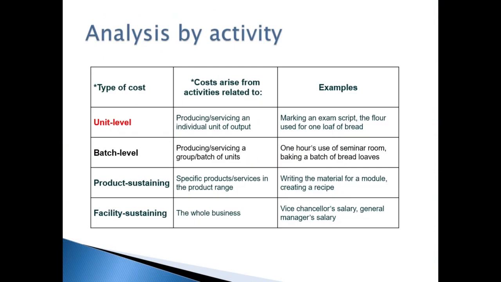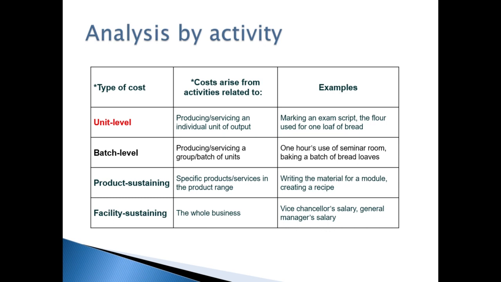And costs can be broken down into 4 types. The unit level costs are the ones that are just things you must spend in order to produce 1 unit of output. So if you're baking a loaf of bread, you need some flour. The batch level is extra things that you need if you're doing a batch of loaves, or things that can only be spread out over a batch.